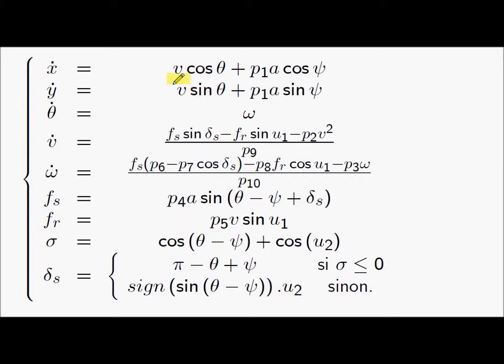A sailboat can be described by a nonlinear differential equation. A possible model is represented here. The state variables are x and y, the position of the robot, theta, the heading, the speed, the rotation speed, the force on the sail, the force on the rudder.